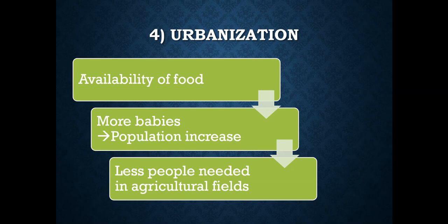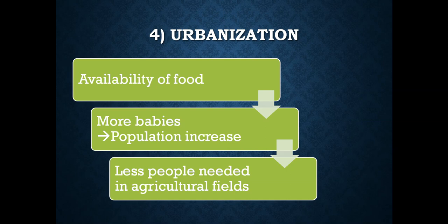Another important thing that we need to look at for Great Britain is urbanization. And this is really important because the availability of food allowed people to move from farms to cities. And in turn, because there was more food, this actually led to more babies. People had more time to do other things than work, so this led to more babies.